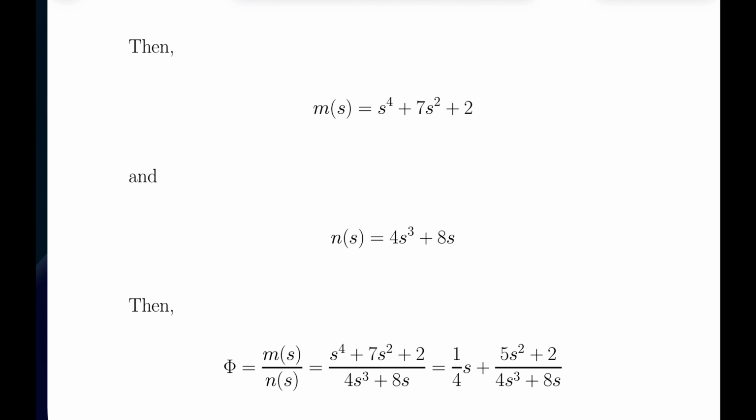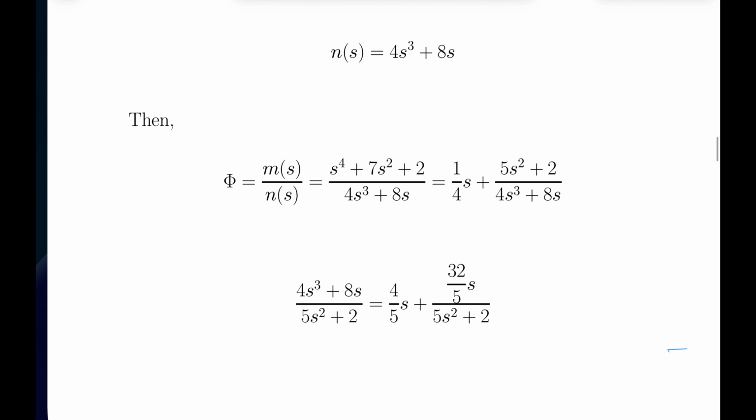And we divide M(s) by N(s). So this gives you s to the power 4 plus 7s square plus 2 upon 4s cube plus 8s. By actual division, we get this equal to 1 by 4 s plus 5s square plus 2 upon 4s cube plus 8s.